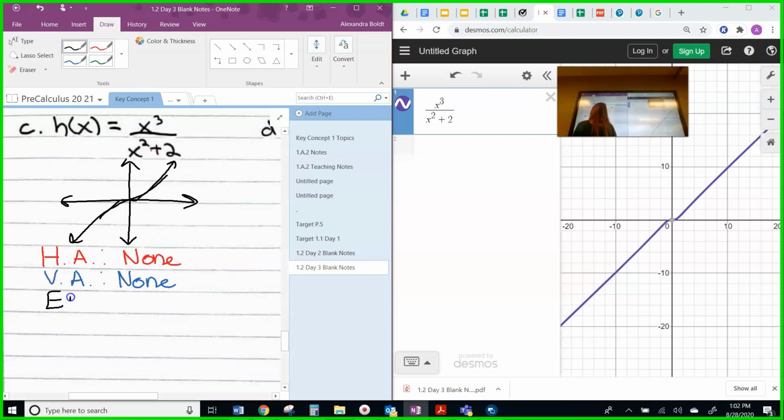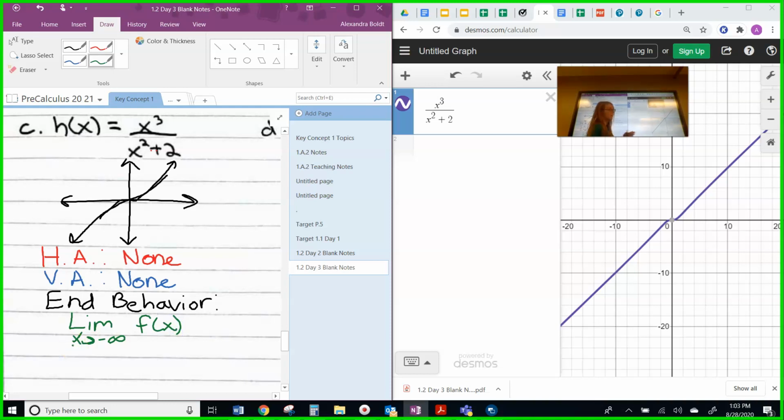We'll do our end behavior. We have the limit as x approaches negative infinity of f of x. All right, again, what's happening?